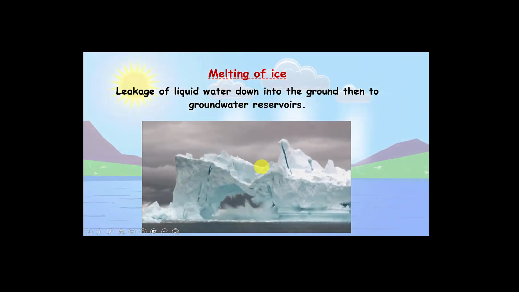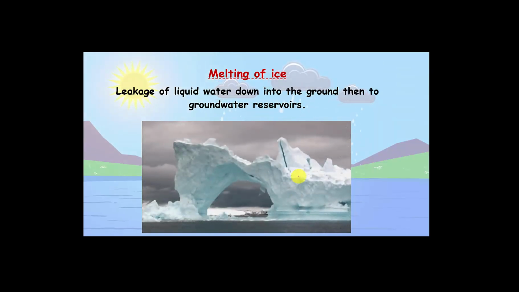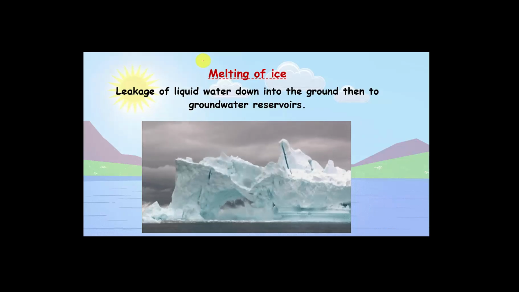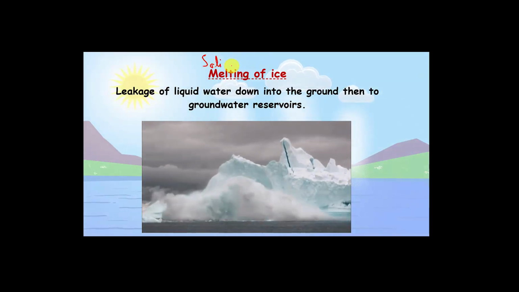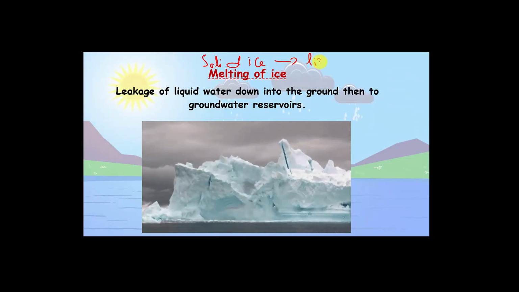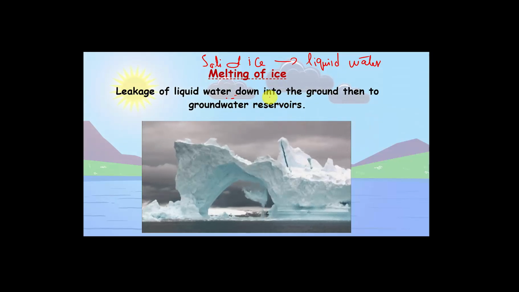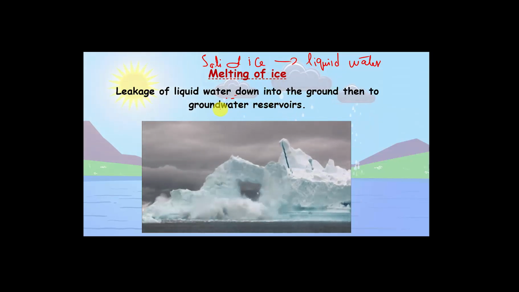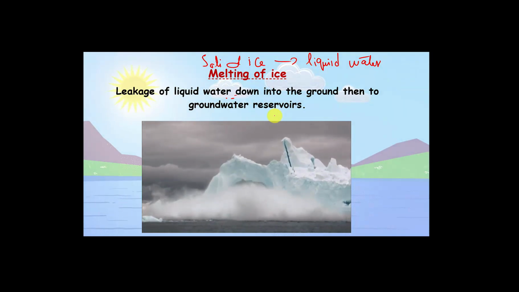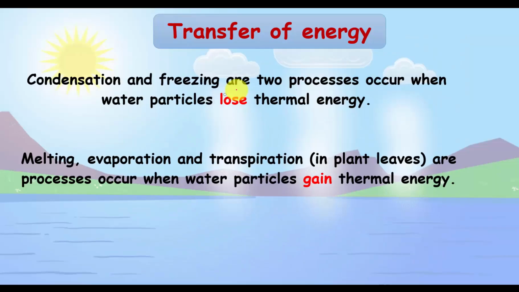Melting of ice. We see in the shape here, melting of ice. What do we mean by melting? Melting, transferring, yes, solid as ice into liquid as water. Leakage of liquid water down into the ground, then to groundwater reservoirs. This is what we mean by melting of ice.